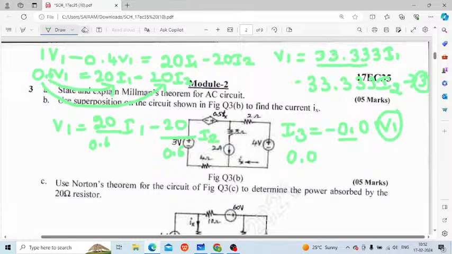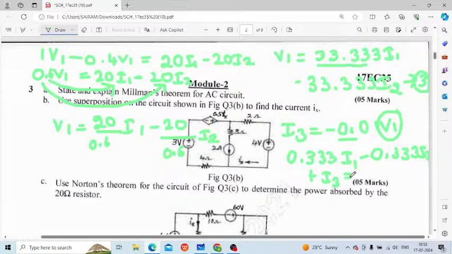You will get this equation: 0.333 I1 minus 0.333 I2, the same thing, plus I3, which is equal to 0.